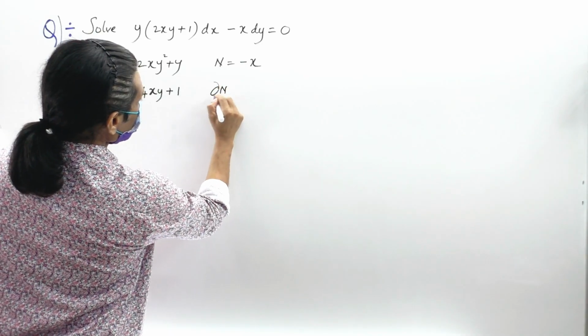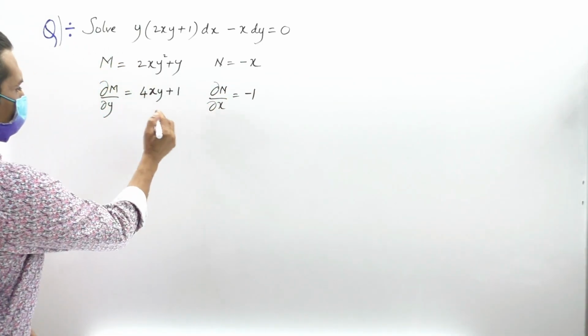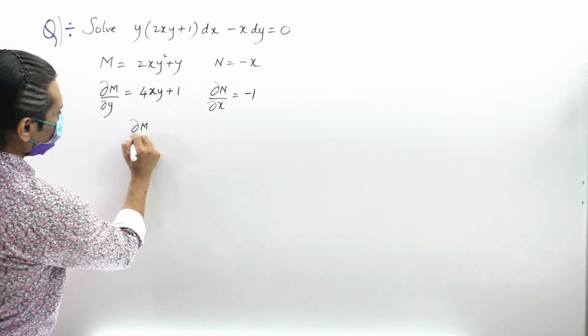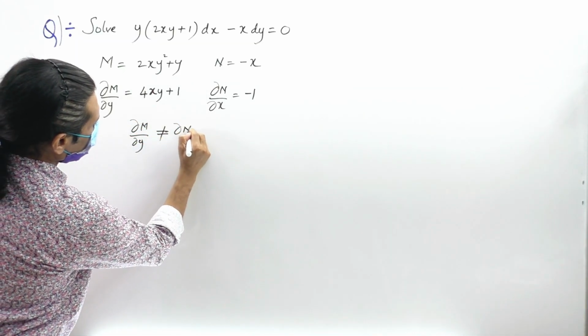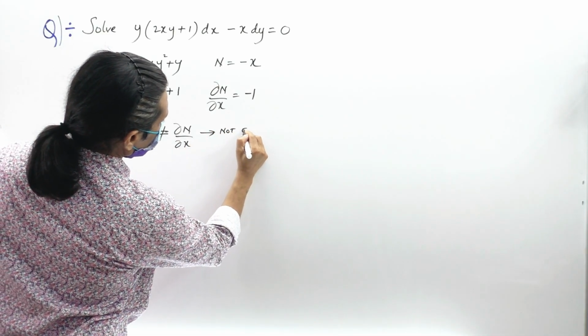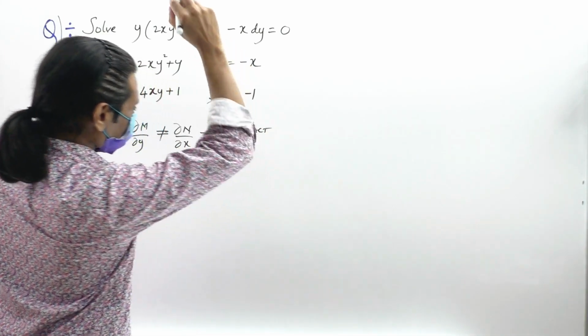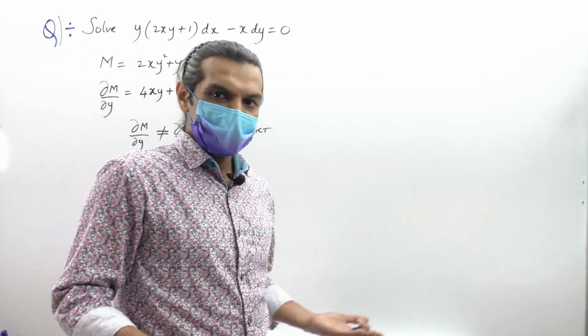Similarly, dou n by dou x is very simple: minus 1. And you can see that dou m by dou y is not equal to dou n by dou x. So, definitely not exact.